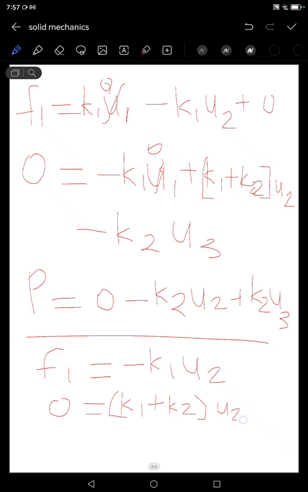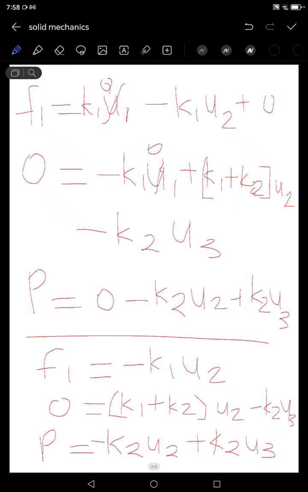And then the last one is p equals negative k2 u2 plus k2 u3. From these equations, we can solve for u2 and u3.